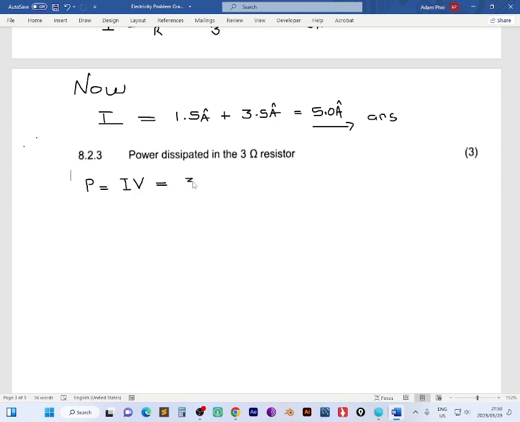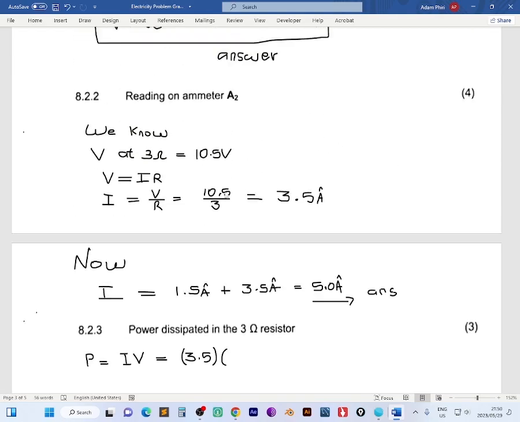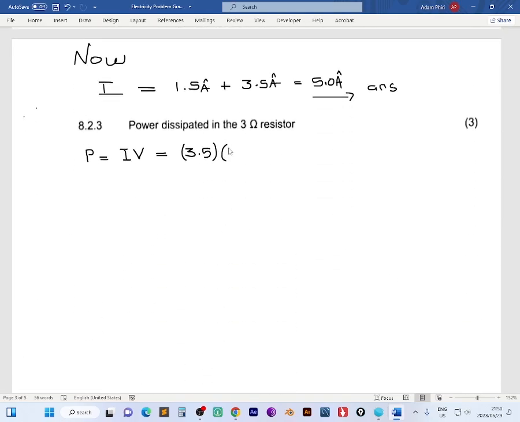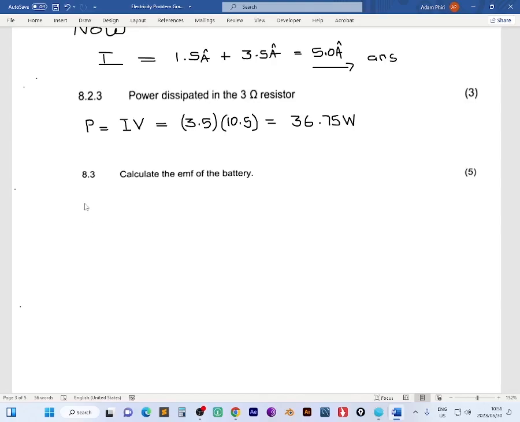You can check that on the formula sheet. So the current is 3.5, and the potential difference is the previous value, 10.5 V. So we fill in 10.5, multiplying the two, current times potential difference, gives us 36.75.